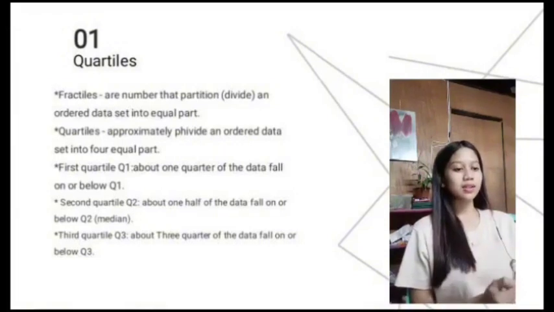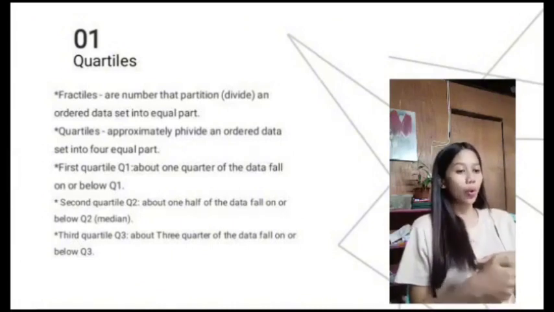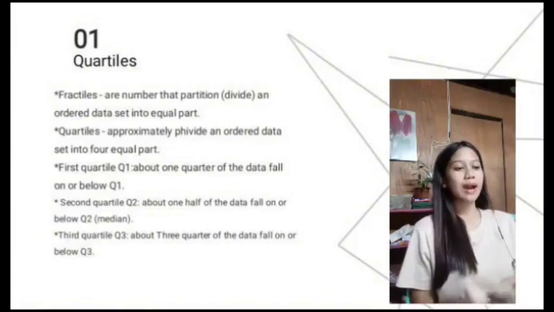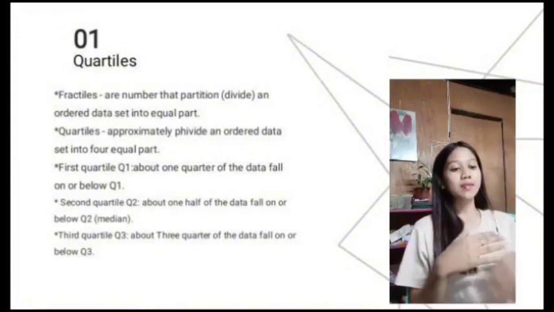The second quartile is Q2, which is the middle position of the data. Q2 is not found the same way as the mean, where we add the values and divide by the number of values. To find the second quartile, first sort the data, then look for the middle value. So Q2 is the same as the median.